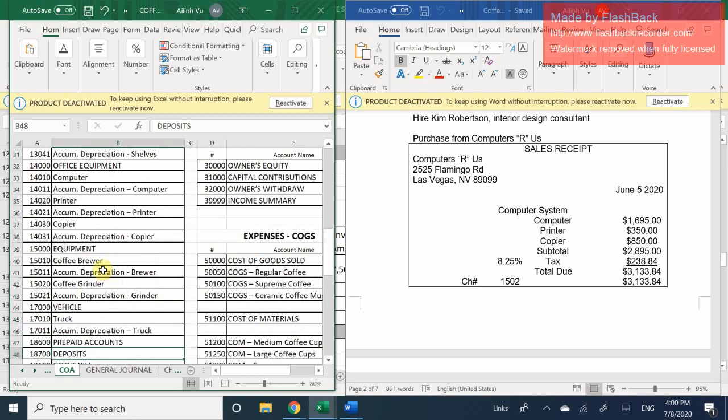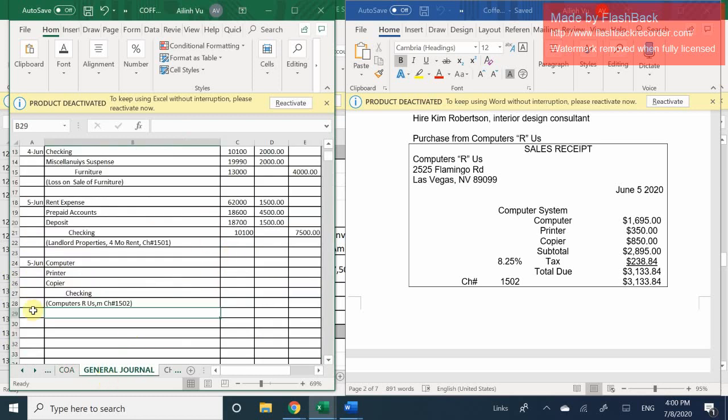The copier is 14030, and the printer is 14020, and the computer is 1410. So let's go ahead and indicate those accounts. Computer.